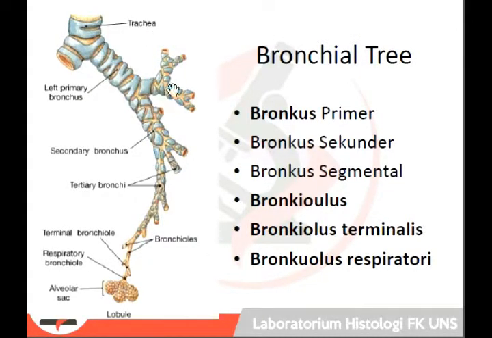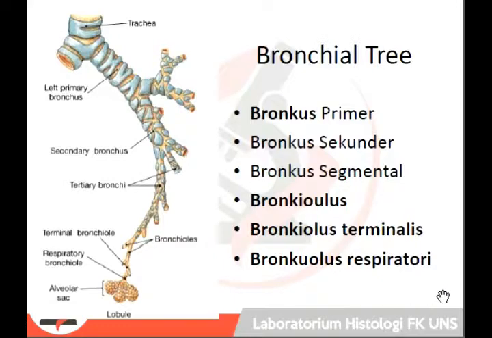In the figure here there are only two lobar bronchi, and then the segmental bronchus and the terminal bronchiole. As we know before, the terminal bronchiole is the end of the conducting portion of the human respiratory system.